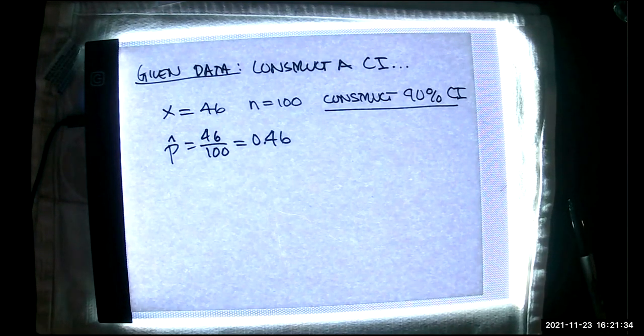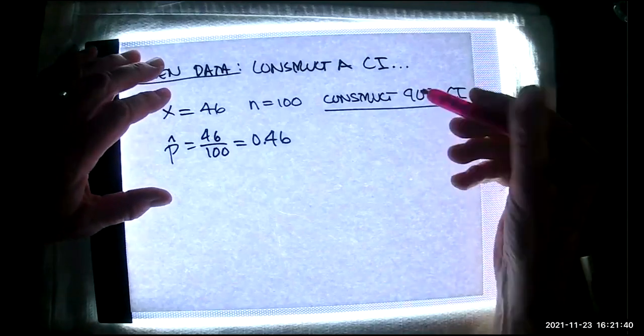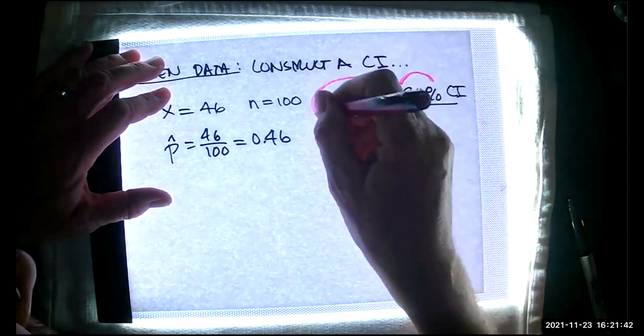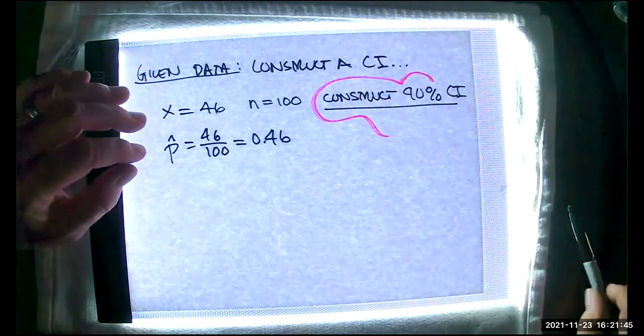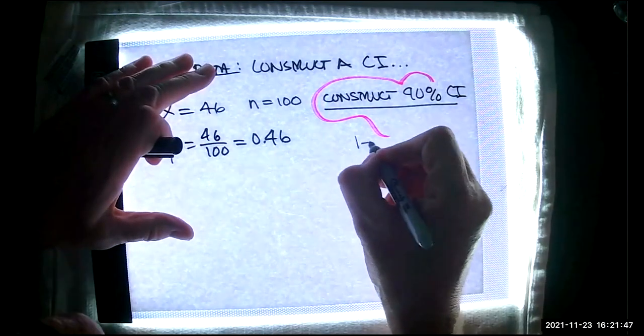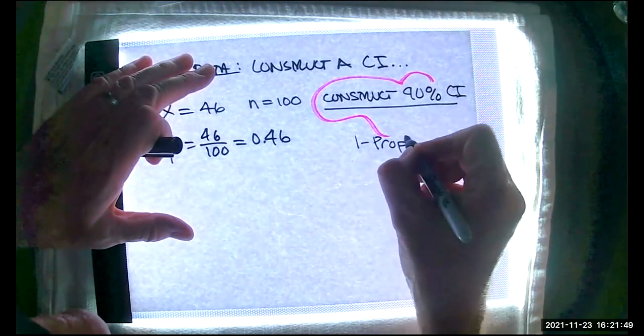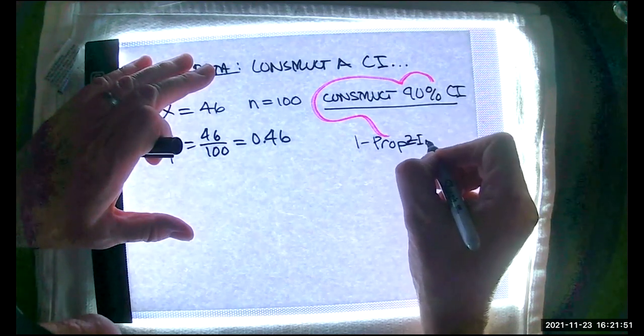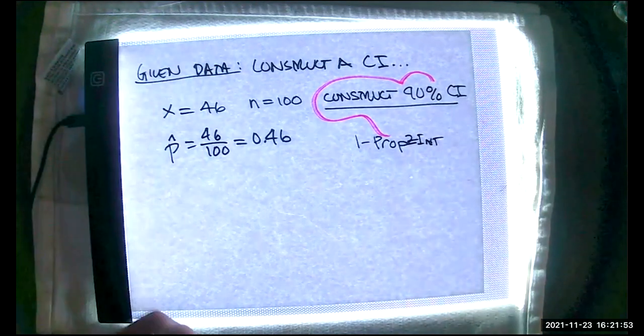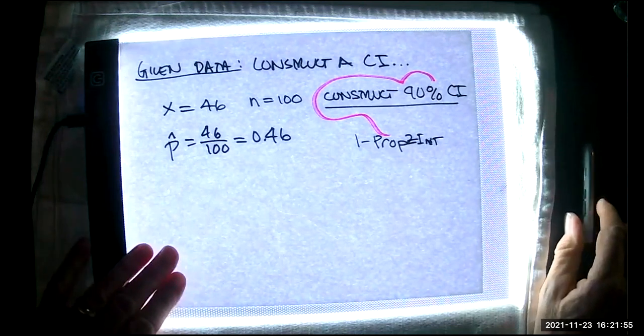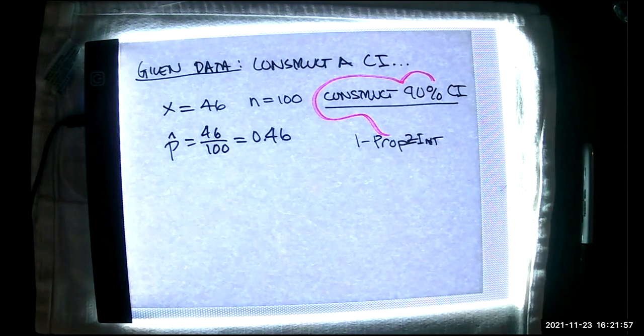It's also important to remember that when it comes to building or constructing the confidence interval here, I really don't want to use the formula at all. It's the 1 prop z interval. So let me switch back over here and switch my screen.